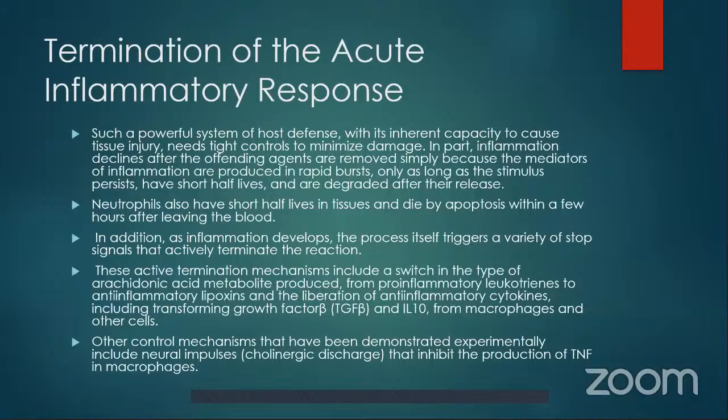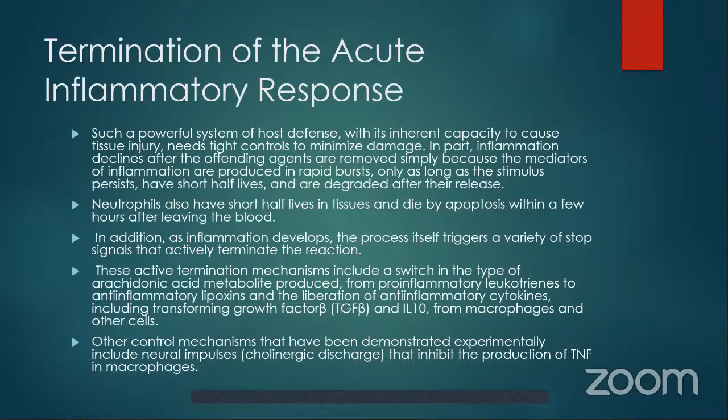In addition, as the inflammation develops, the process itself will trigger a variety of other stop signals that actively terminate the reaction. These active termination mechanisms include a switch in the type of arachidonic acid metabolite produced from pro-inflammatory leukotriene to anti-inflammatory lipoxin, and the liberation of anti-inflammatory cytokines, including transforming growth factor beta and interleukin 10 from macrophages and other cells.